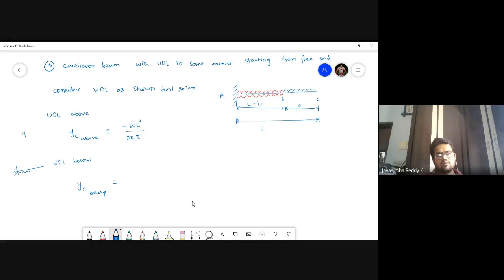So UDL above in the sense you consider the entire UDL which is above. I have written YC based on this condition here, and I have written YC based on this condition here.